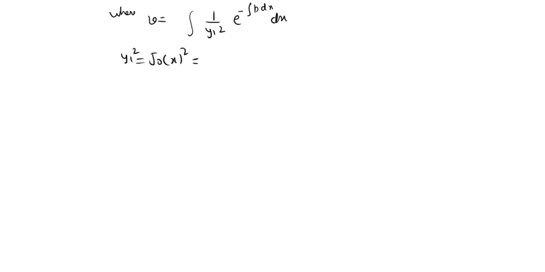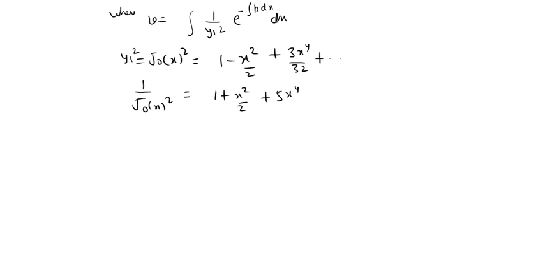Okay, so just expand it by binomial theorem, 1 plus x power n, and write 3 terms square, and so on, and then find its reciprocal. Again, apply binomial expansion and write 2-3 terms at least.